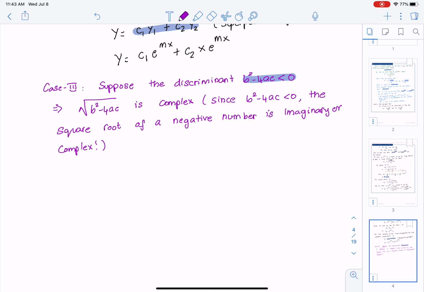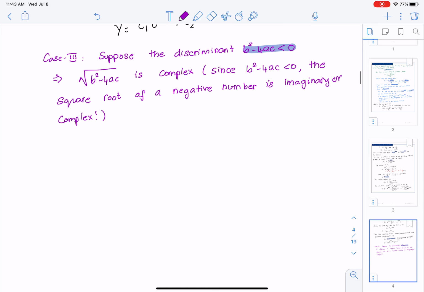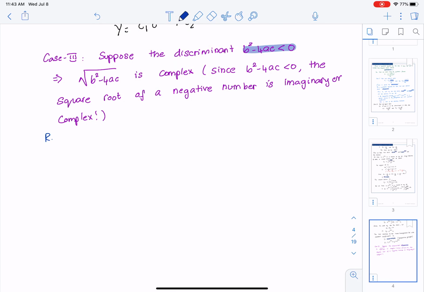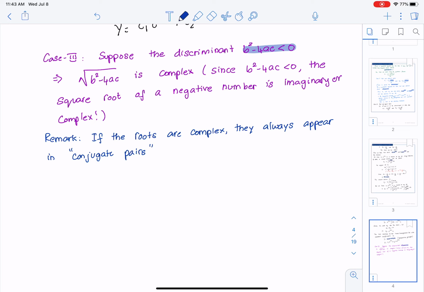And we should also note that if the roots are complex, this is an important remark, they always appear in conjugate pairs.